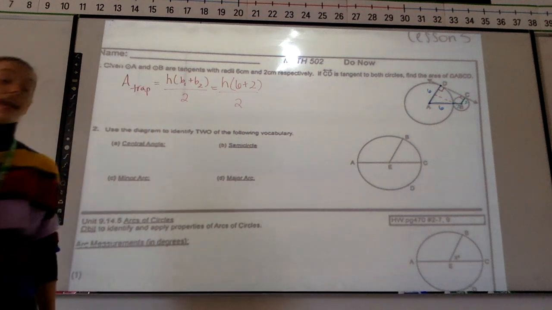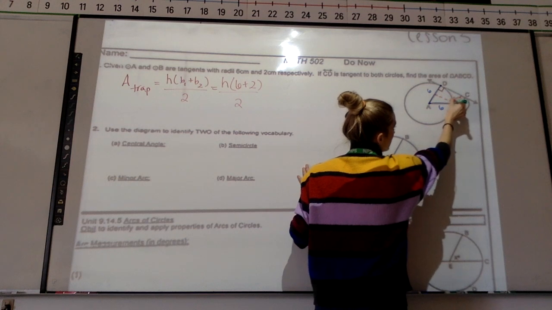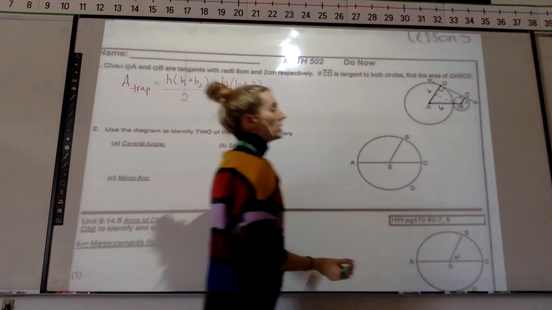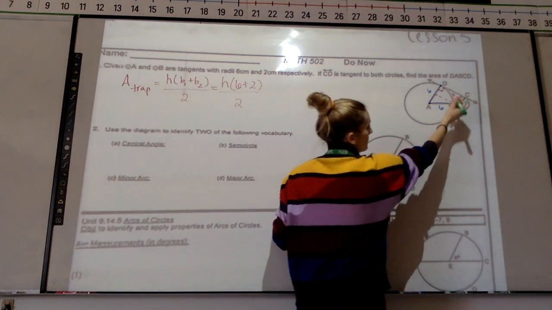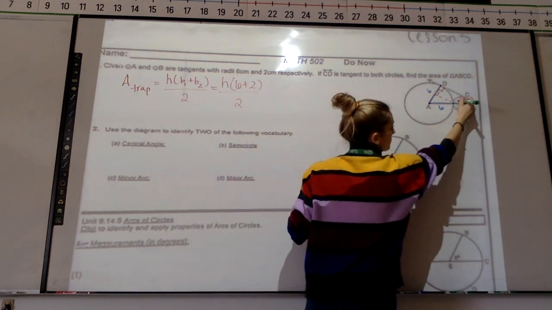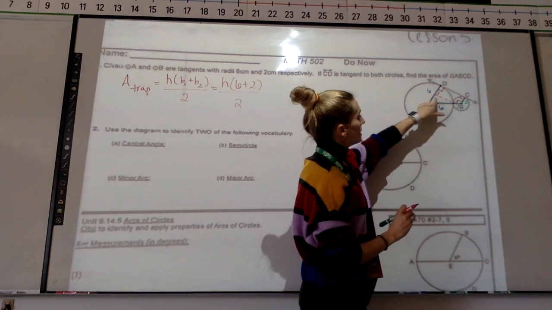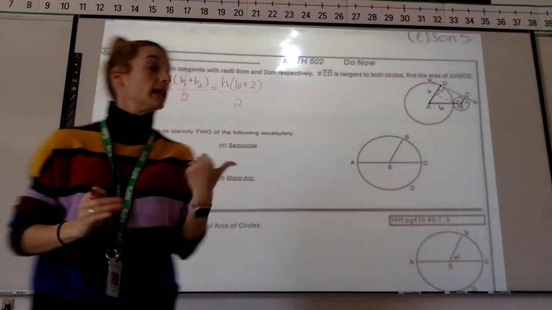So in order to get that height, in order to get this segment here, I've basically just drawn in another perpendicular. I've drawn in something that creates a 90-degree angle right here, and therefore that ends up creating a rectangle. So I've got a rectangle attached to another right triangle in that diagram.